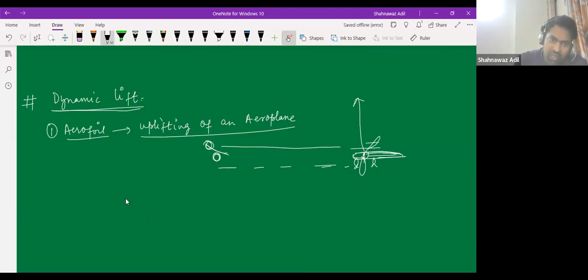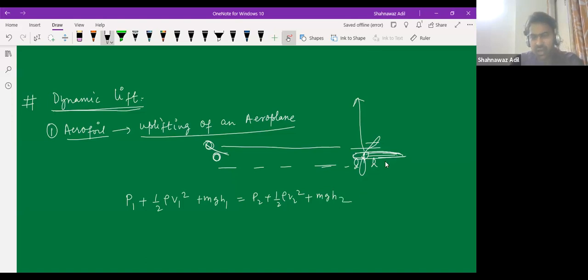So if we apply Bernoulli's principle, that would be P1 plus half rho V1 square plus mgh1, equal to P2 plus half rho V2 square plus mgh2. Now this is on the ground, so the mgh parts are 0.